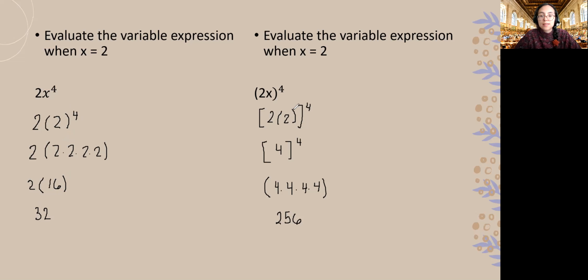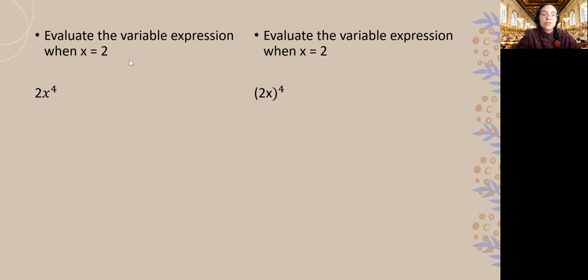Same on the right side, we had this quantity inside the bracket, so we multiplied this first, then we carried out our exponent, and then we were able to do this multiplication. There are many different ways as you advance in algebra that you can take care of exponents, but for now this is our technique that we're going to use. So hopefully that made you believe in the power of grouping symbols.